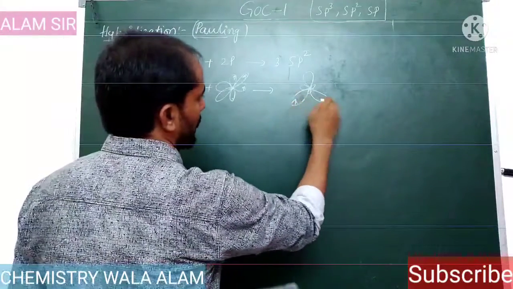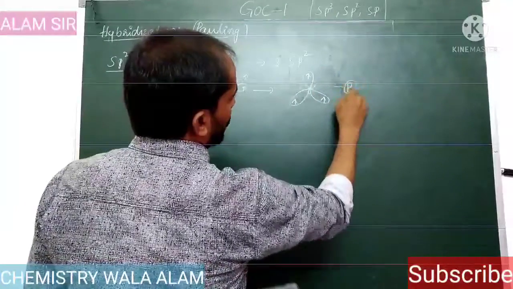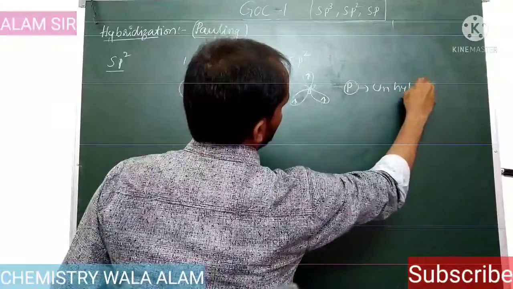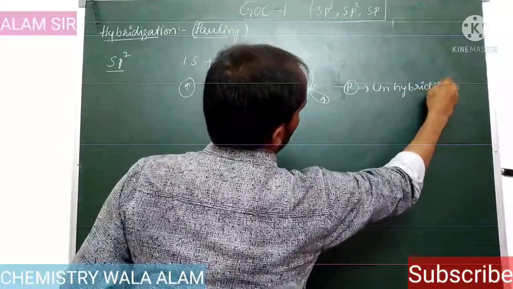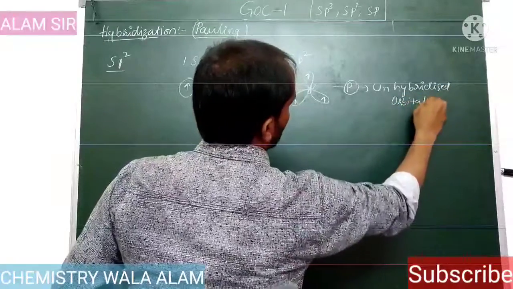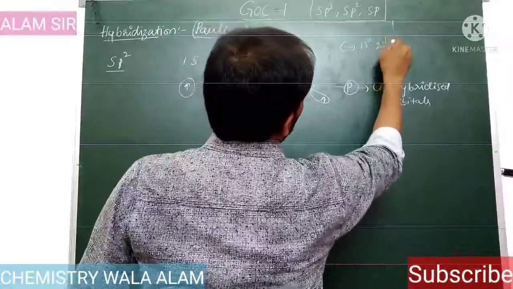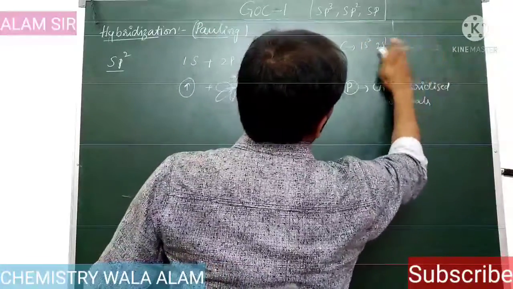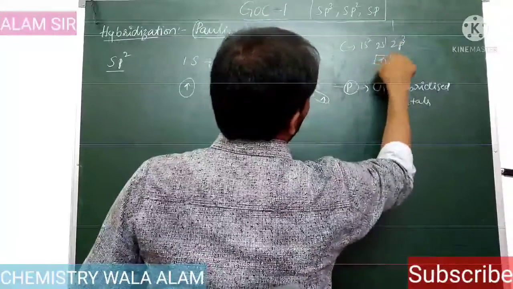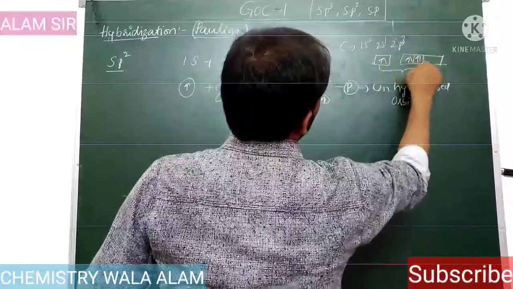These are the sp2, sp2, sp2. The remaining p orbital is the unhybridized orbital, which is nothing but the one not involved in the hybridization. Carbon is 1s2, 2s2, 2p2: one s orbital and only 2 p orbitals are involved here.